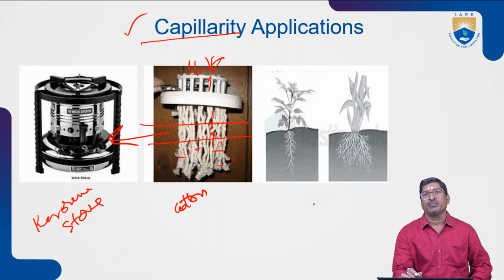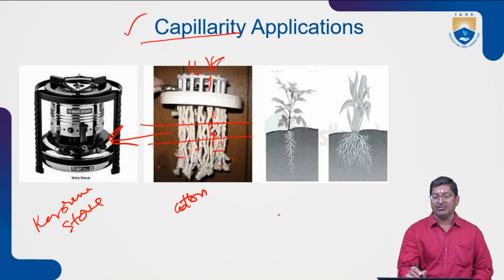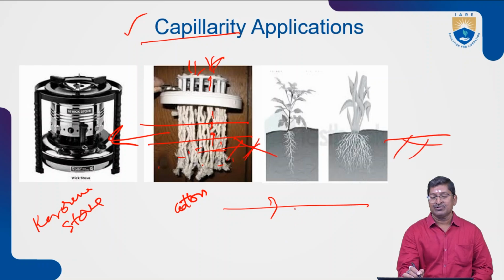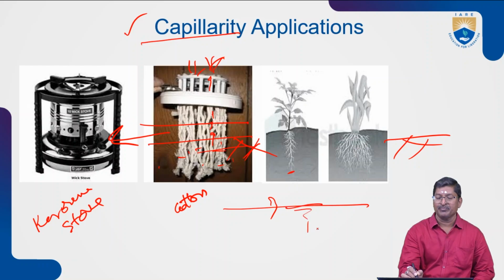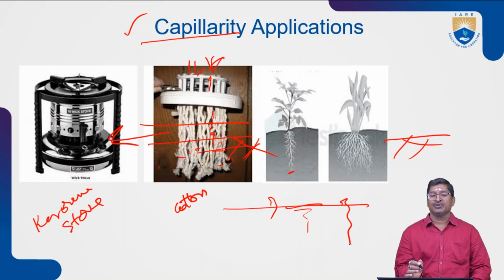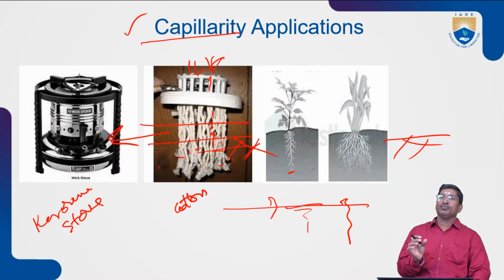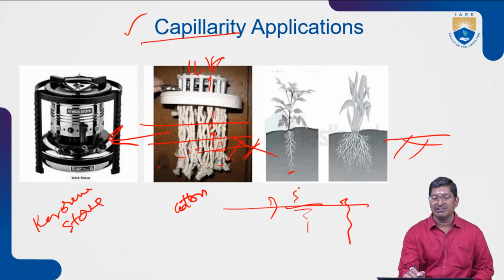Similarly, for plants also, whenever rain comes, the rain goes and stays below the ground level. So if this is the ground level, the roots are only till here. The water table is here. This is the water. Because of capillarity, the soil also has micropores, so this water travels upwards, which is called capillarity.